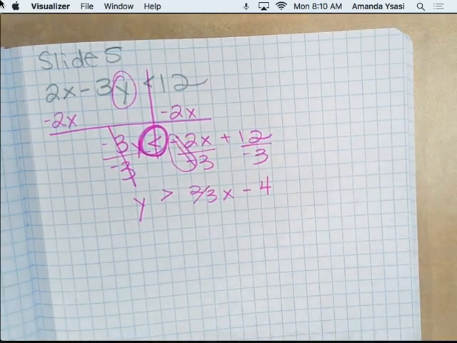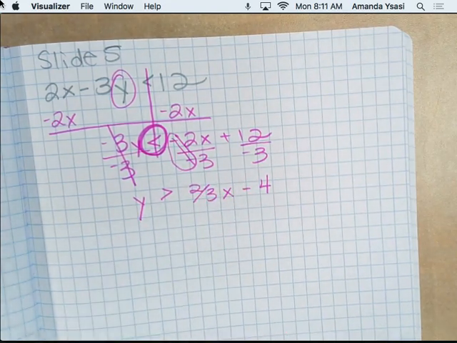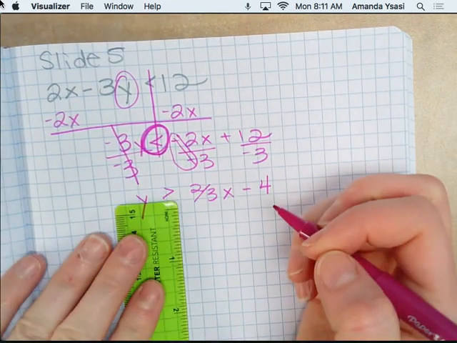All right, get a ruler out so we can graph it. We're going to graph it on here, and we can just insert a picture of our work.